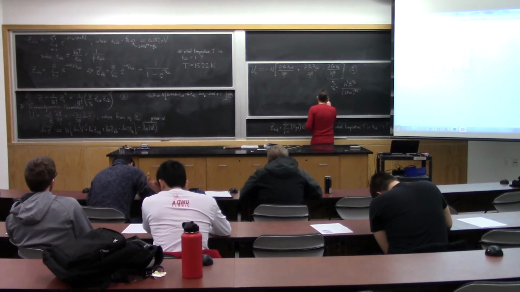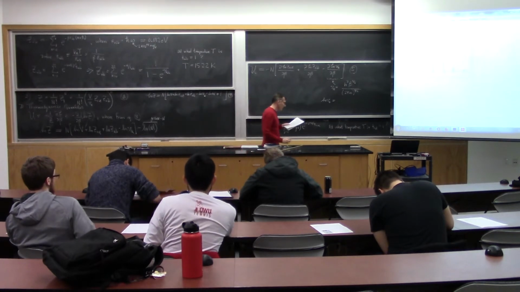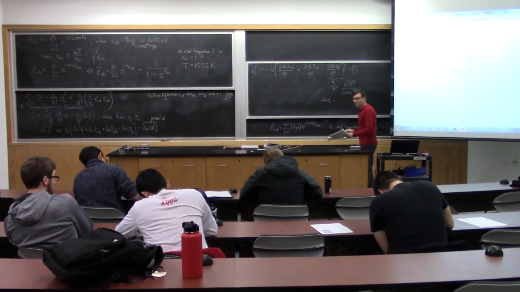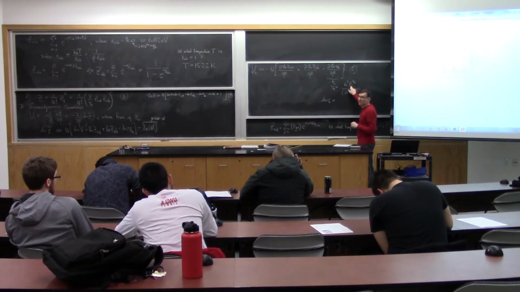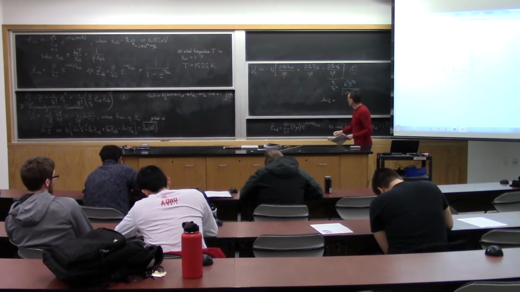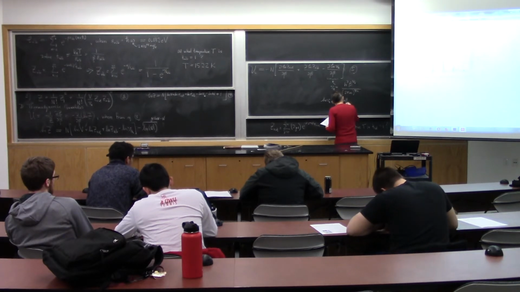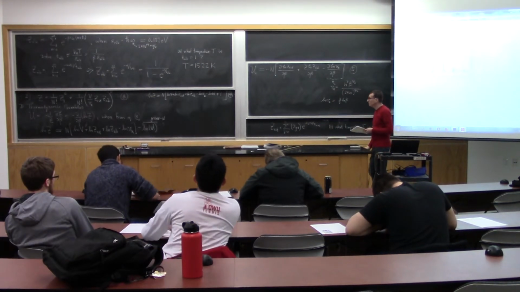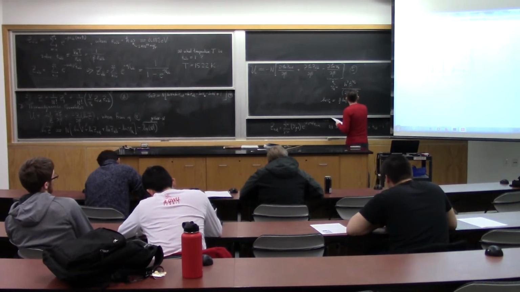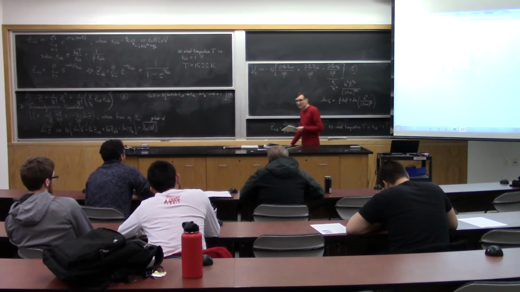Now let me take the log of both sides, because I have to have a log of little VQ. The important part when I do the log is the part that depends on beta, because that's what I differentiate with respect to. When I do a log from that, I'm going to get a factor of 3 halves log beta. And then I'll have all this other stuff inside the log: log of h cubed over 2 pi m to the 3 halves, because that's not going to be important.